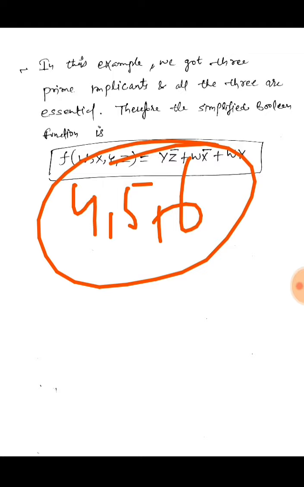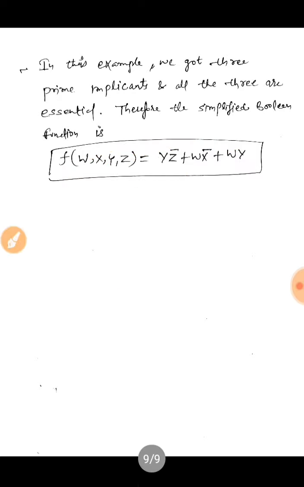This tabular method is a bit easier, though there are a number of steps, but if we do it step by step, we can solve it for logical functions having more than 4, 5, 6 variables. Okay, so this is it for the QM method. Thank you very much.